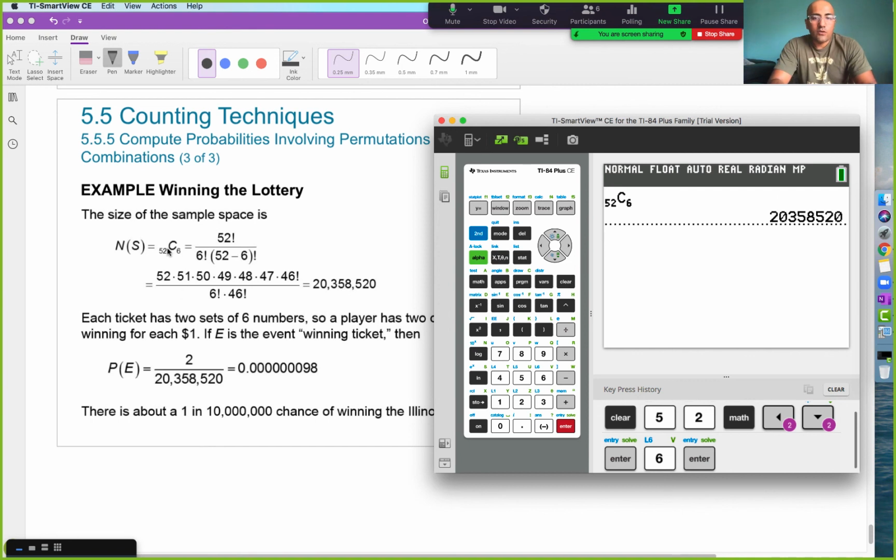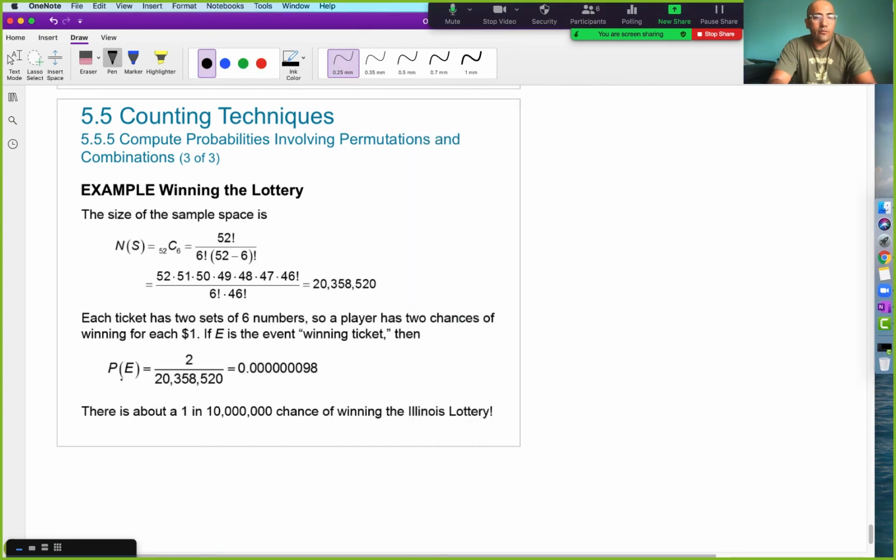Good. Okay, so then what's the probability of winning? Well, the probability of winning is the number of ways in which you could win. You get 2 chances to win in each ticket. That's just the way the lottery was designed. You get to make 2 different choices. Then you divide that by the number of possible outcomes from the lottery.